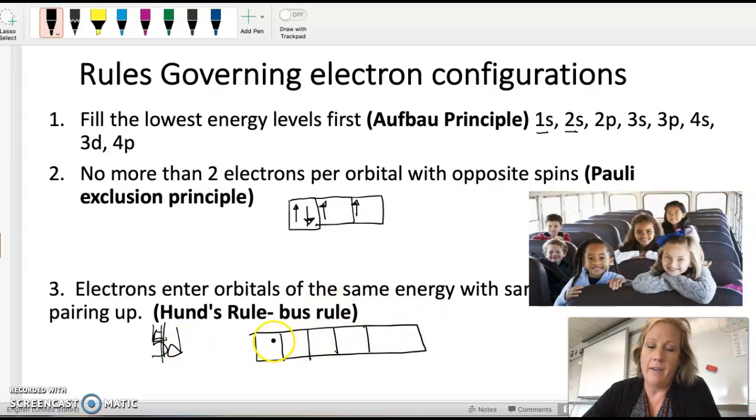The d's have 5 orbitals, 1, 2, 3, 4, 5, or ways that they can be in space. If I have electrons, these are like you guys on the bus. You're all going to go in your own seat. The electrons will each go in their own orbital. But if there's not enough room, then they'll start to double up, but they will spin oppositely, which is also the Pauli exclusion rule.